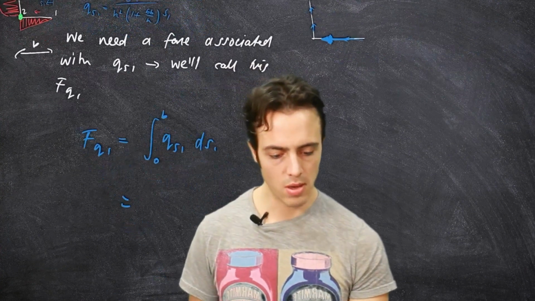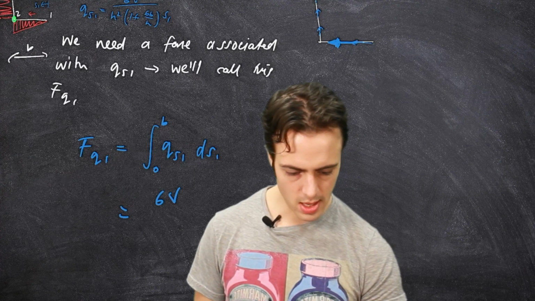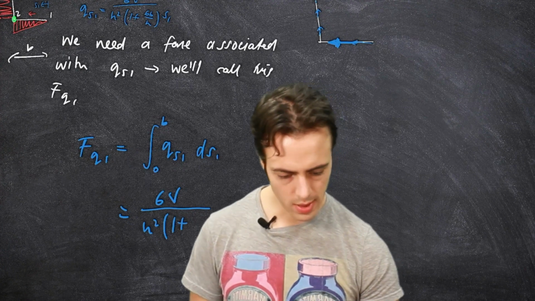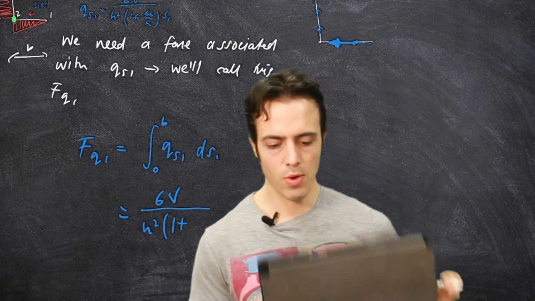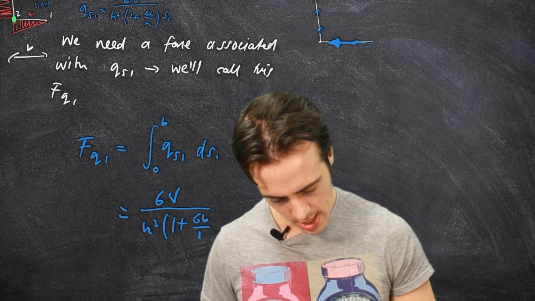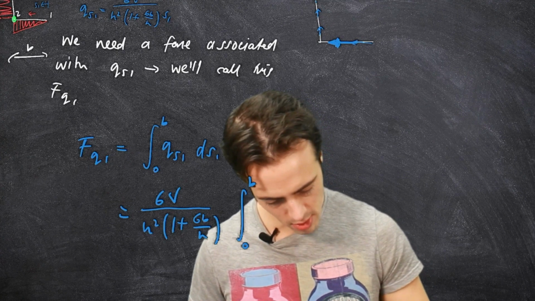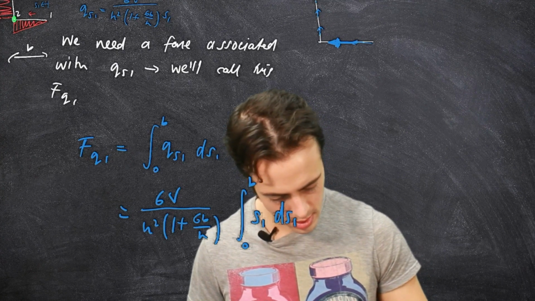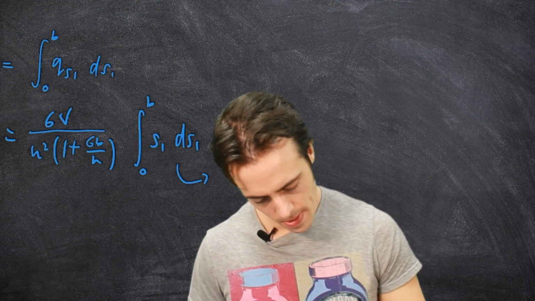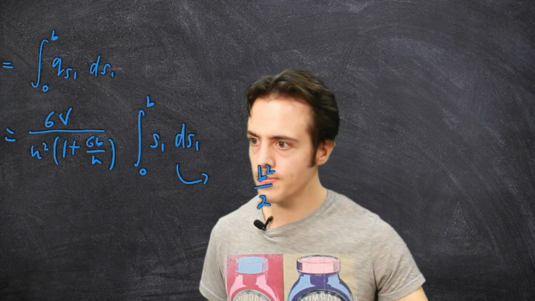So this is just going to become 6V over h squared 1 plus 6B on h, and then we're going to do the integral from b to 0 of S1 ds1, so let's just do this integral separately. This is just going to be b squared on 2, isn't it? Okay, so we have b squared on 2 here.